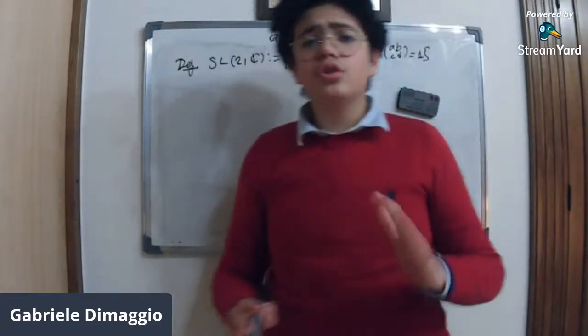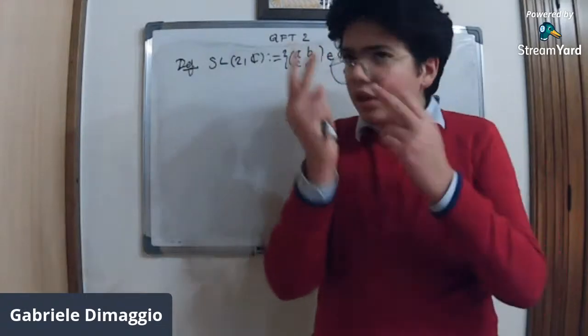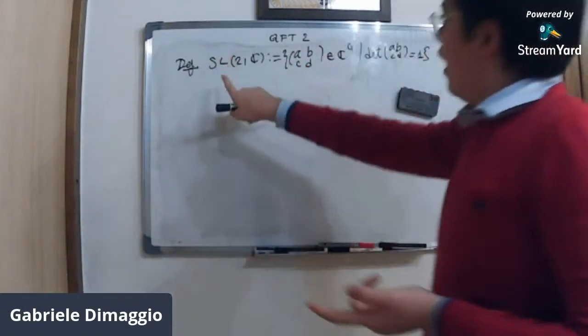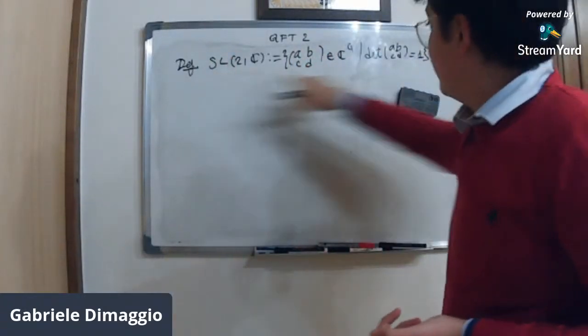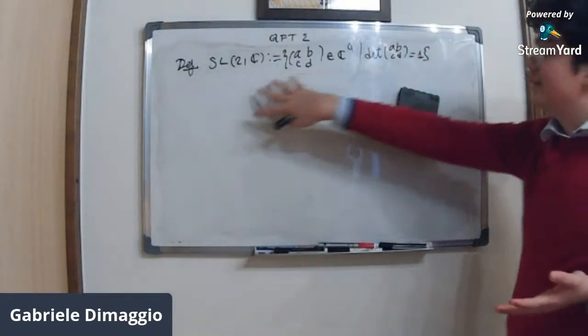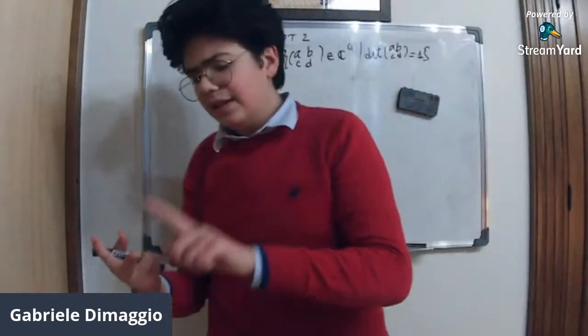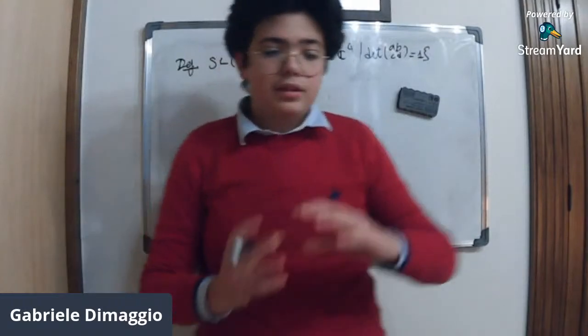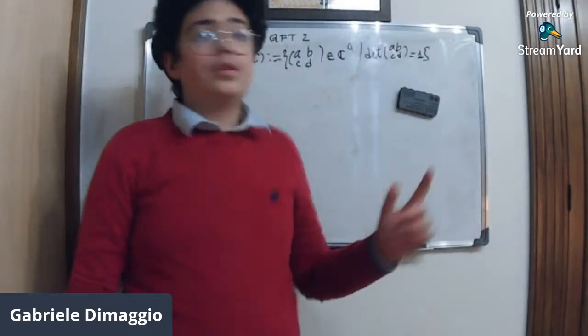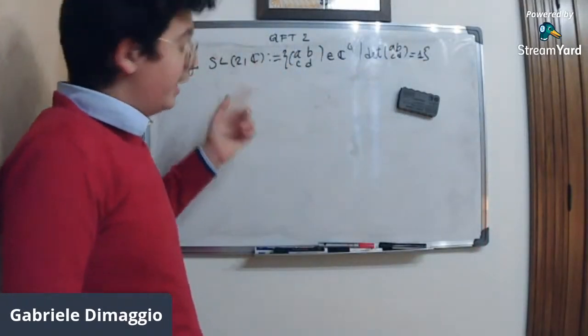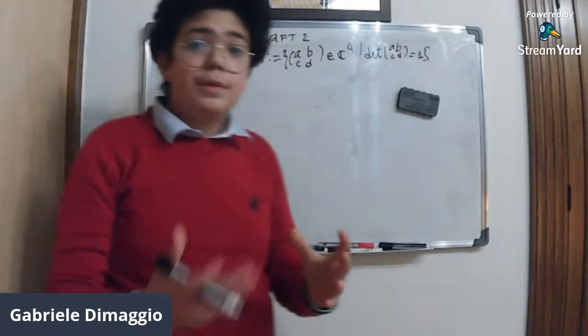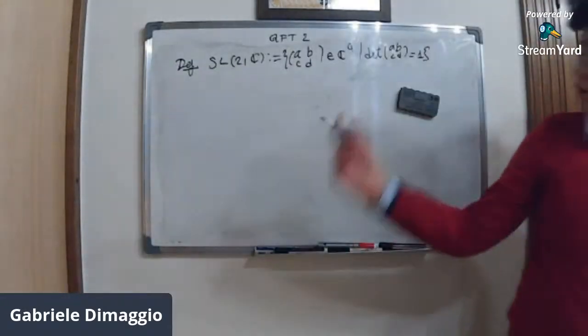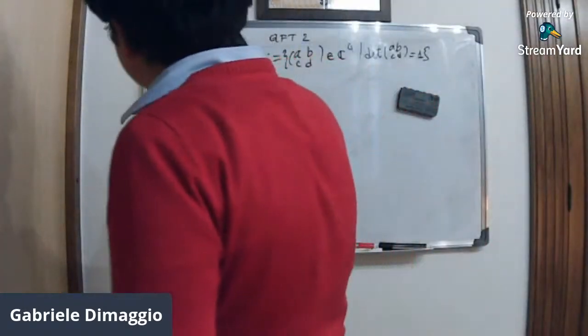Today I'm going to show just the second property. Of course, it's a set of matrices, and the second property is that it's a topological space. So I'm going to give this space a topology.